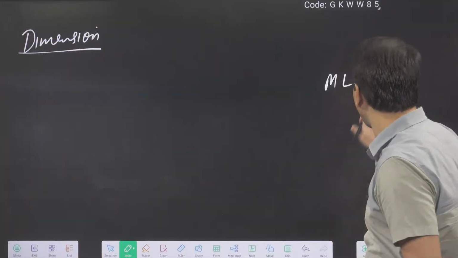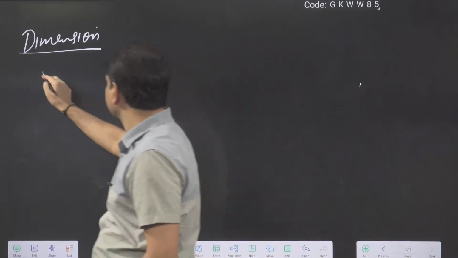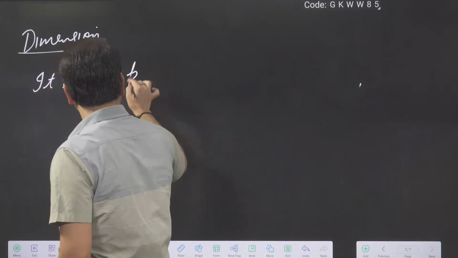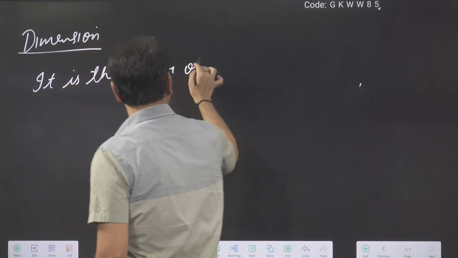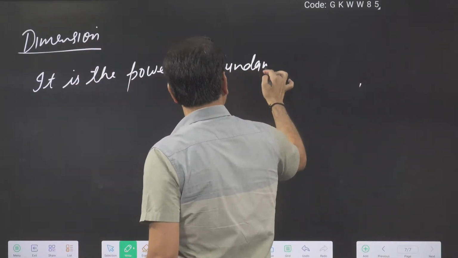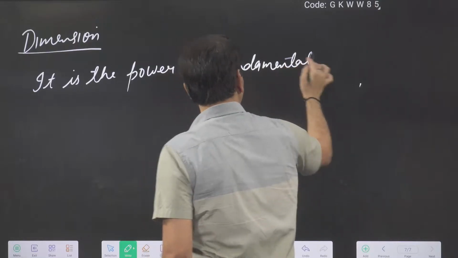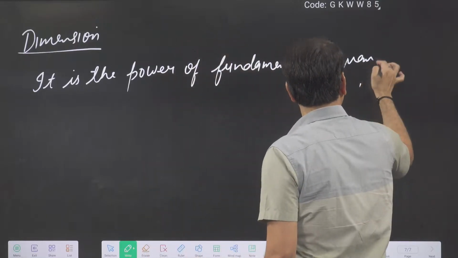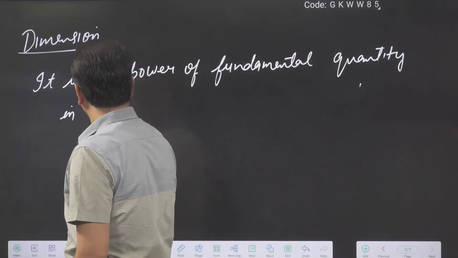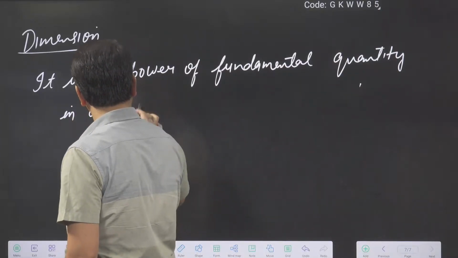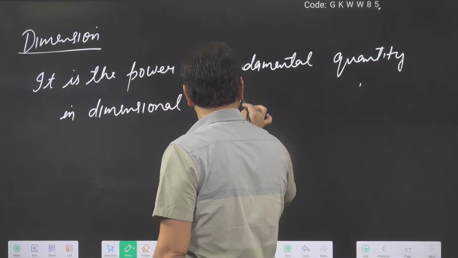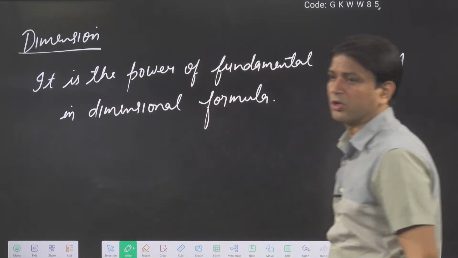It is the power of the fundamental quantity in the dimensional formula. Everybody got this or not?